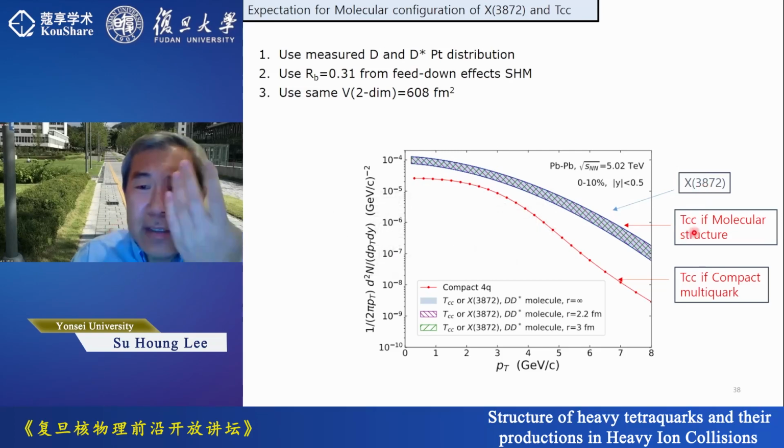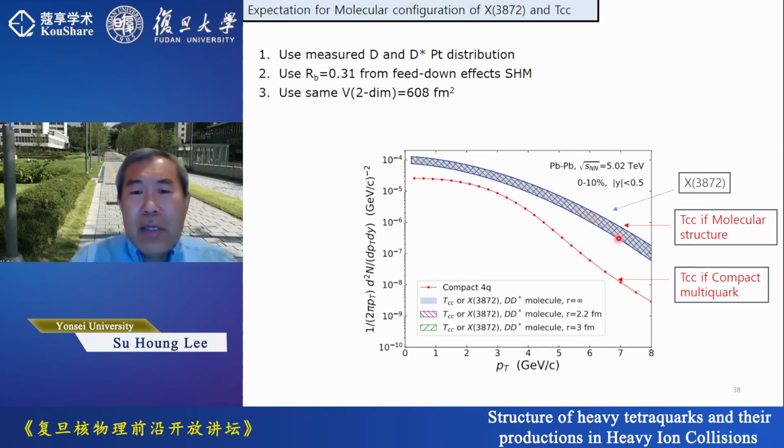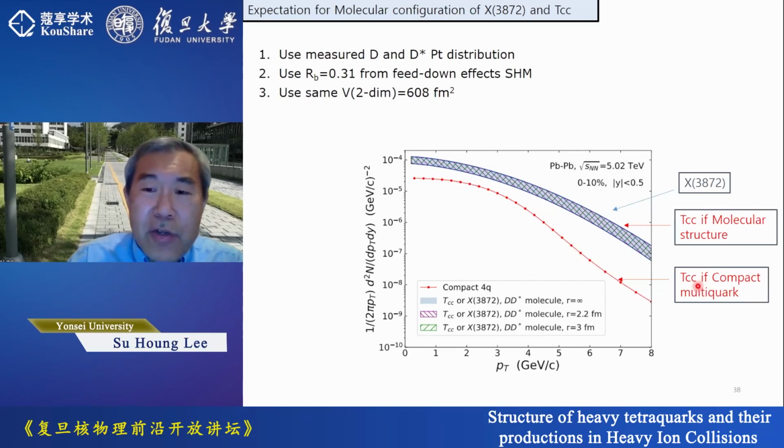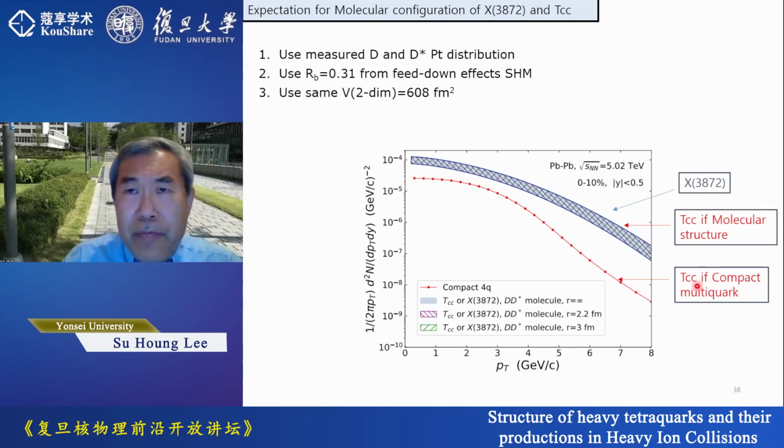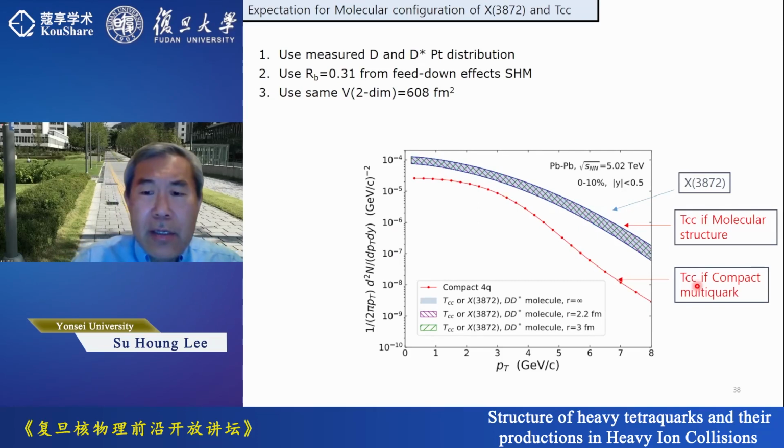And if TCC is also measured at some point, then you can check whether its PT distribution is of this or this type, and then discriminate whether TCC is a molecular or compact configuration. If you are able to discriminate, as I said, it is a very stringent constraint on the quark model dynamics, and you will have a new venue to understand multi-quark dynamics in hadron configurations.